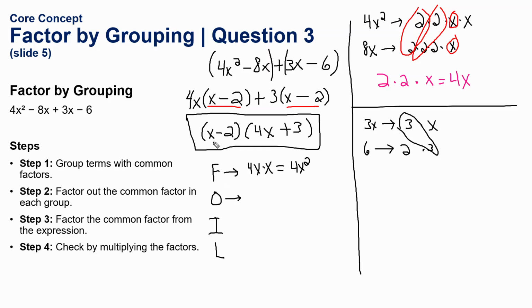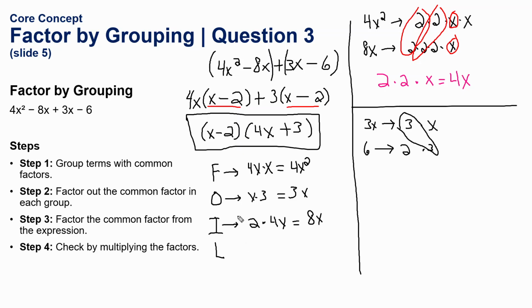We do the outer, which is x times 3, which is equal to 3x. I'll switch the order where the coefficient 3 is first. Inner then is going to be your 2 times 4x, which equals 8x.